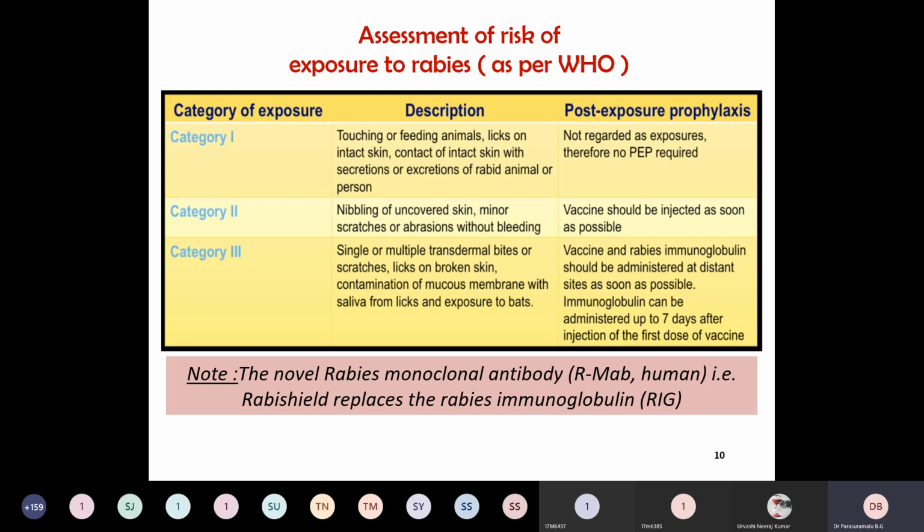Because it is a homologous serum prepared out of human beings, there will not be any reaction, so you can straight away give it if he is allergic to equine rabies immunoglobulin, which is cheaper. Otherwise, if the patient can afford it and if it is available at that place, you can prefer to give the human rabies immunoglobulin or rabies monoclonal antibodies.